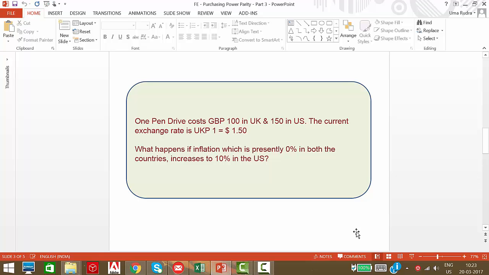If the question is silent, we can assume that it still remains 0 in UK and in US it increases to 10%. So what would be the impact and how will the future spot rate change?